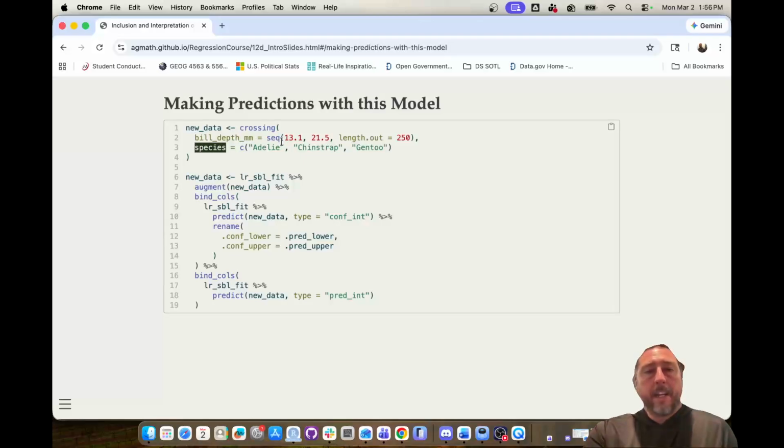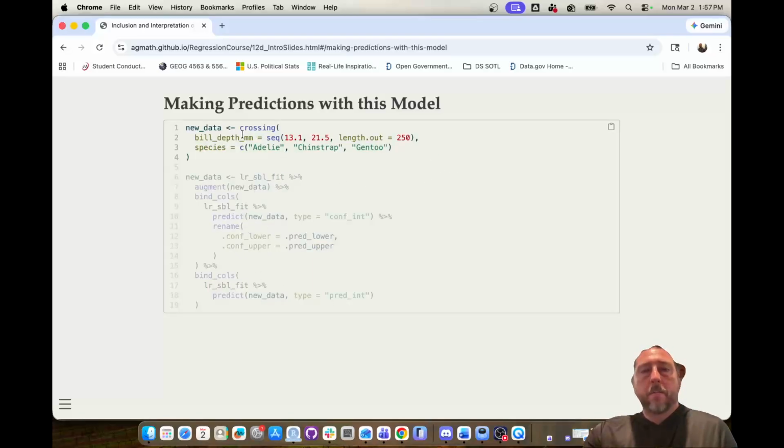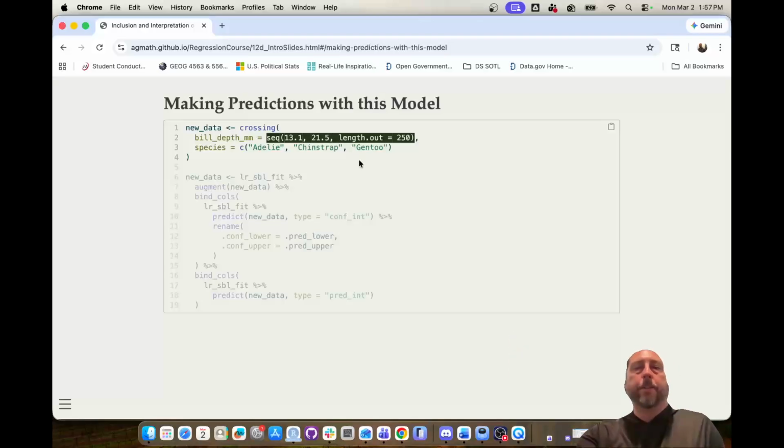What I'm doing in these lines of code is I'm taking the bill depth and I'm creating 250 different values between 13.1 and 21.5. This is the most shallow beak, and this is the deepest beak. So I'm creating just a range of values here.